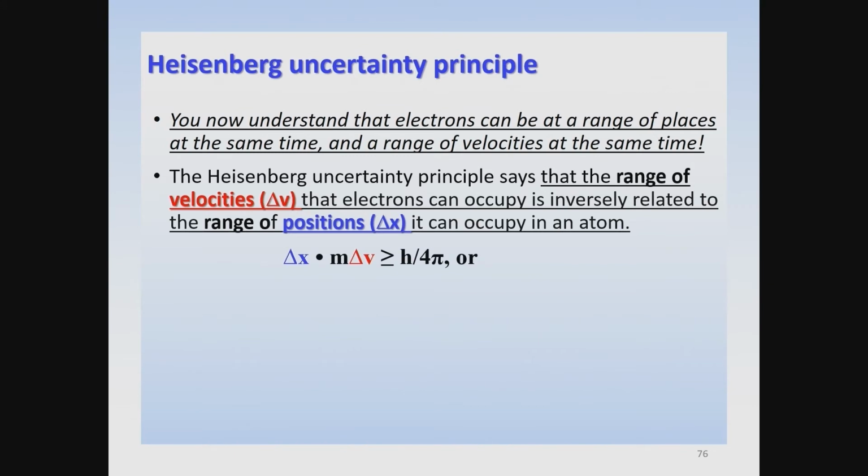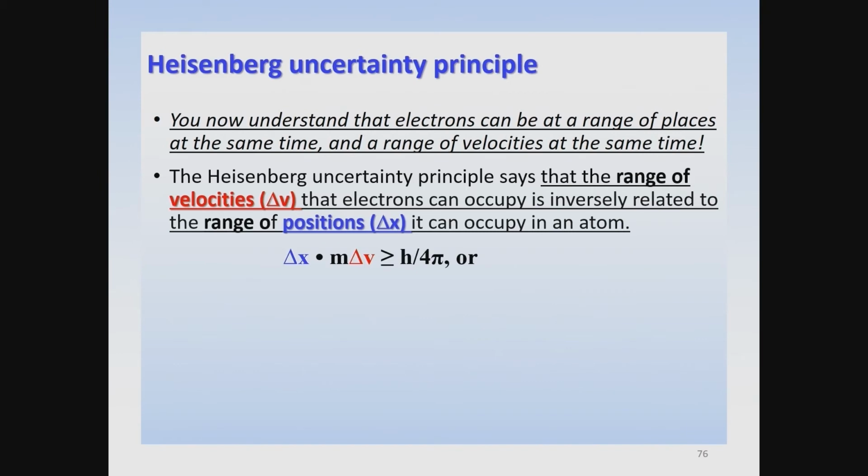So we have an equation there, which is the Heisenberg uncertainty principle. Delta x, the range of positions, multiplied by the mass of whatever you're considering, usually an electron, times the range of velocities must be greater than or equal to that constant there. That's h, which is Planck's constant, divided by 4 times pi.